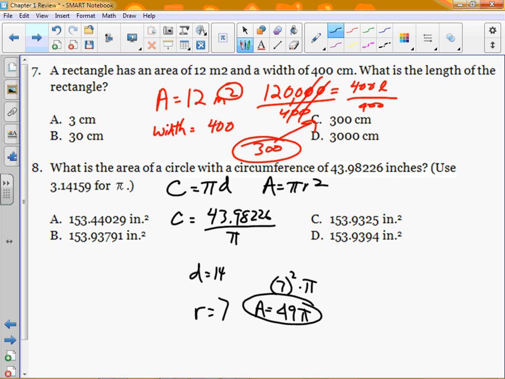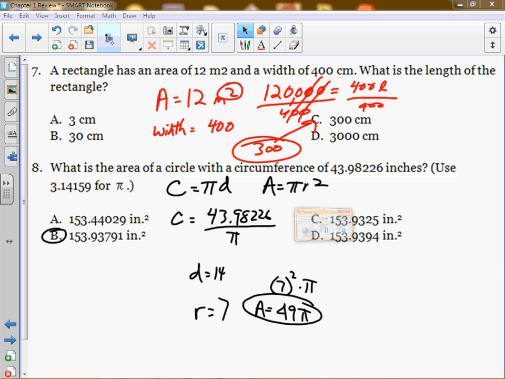Now notice what they did is they went ahead and multiplied 49 times 3.14. That's a toughie. That's because of the number of formulas you need to use.